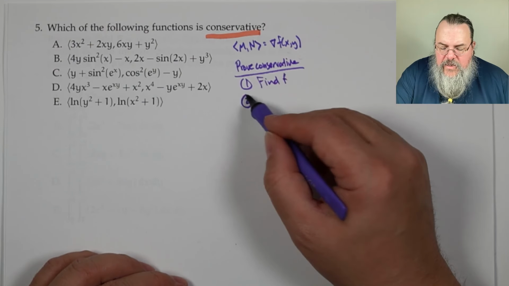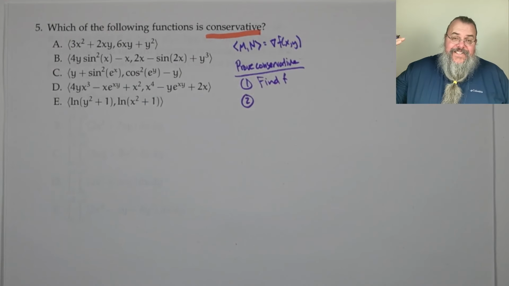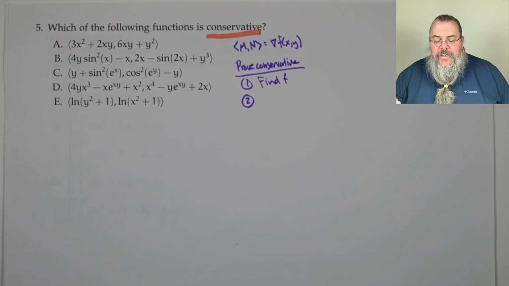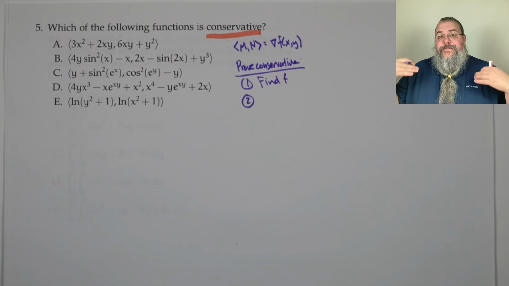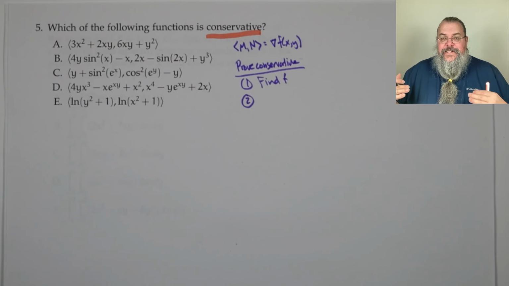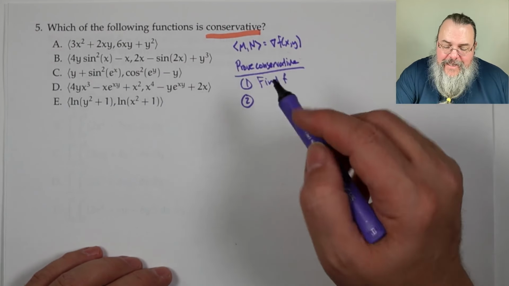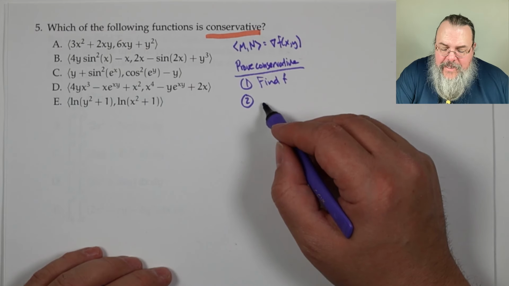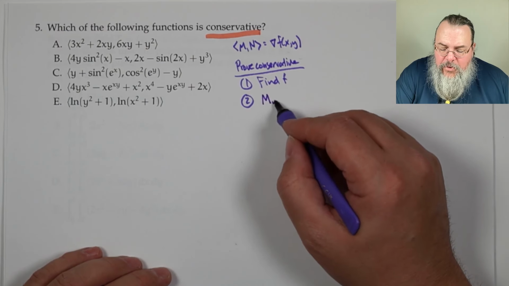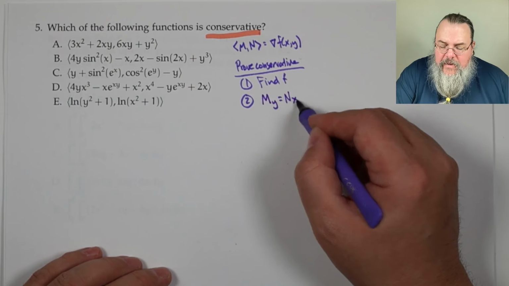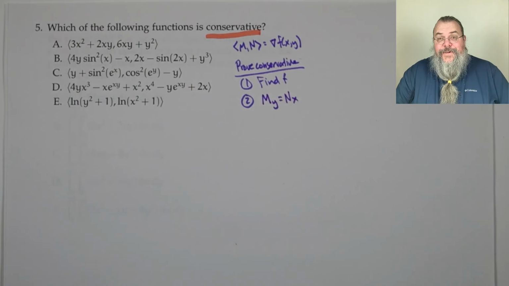Strategy 2 says, look, it doesn't actually ask us to find f. Sometimes that's extra work. All we have to do is enough to verify conservative, and that comes from looking at these functions M and N. In particular, you need to show the following: if M sub y equals N sub x, it has to be conservative.